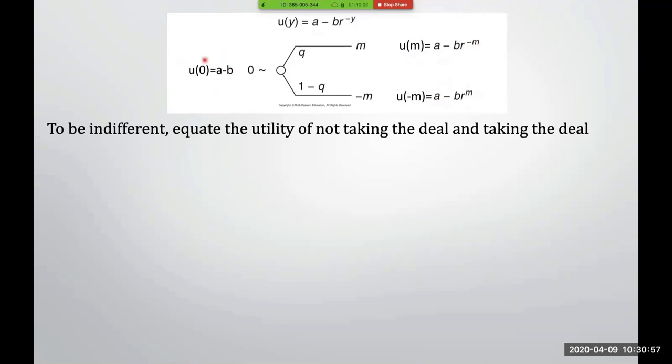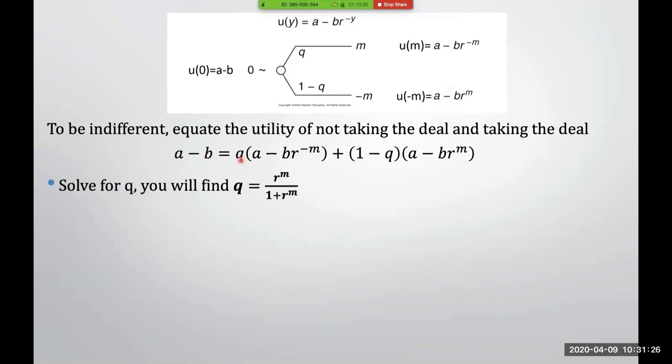We need to make this equal to the U value of this, which means A minus B, the U value of 0, is equal to, now we're looking at Q. Q times the U value of M plus 1 minus Q times the U value of negative M. And then again, we have an equation where there are A, B, R's, and then there is a Q. So obviously you can solve for Q, and again, we're skipping that process. You will find that Q is equal to this expression.